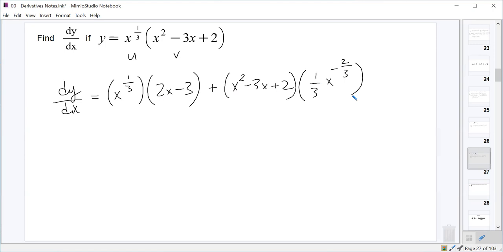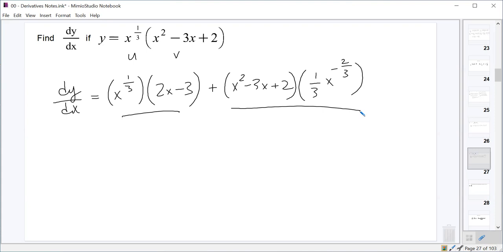And again, this is an acceptable answer, but sometimes it might be necessary to simplify these down, factor things out of these, and kind of condense it down into one term. So we're not adding two things together. Let's think about how we might do that. Let's factor out x to the negative 2/3 from this and this.